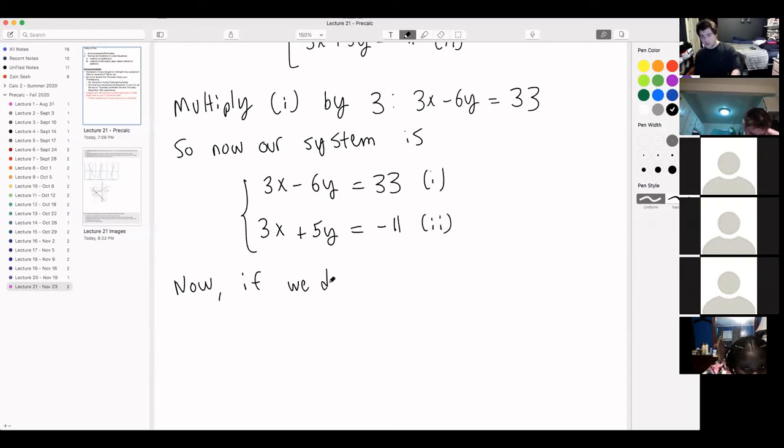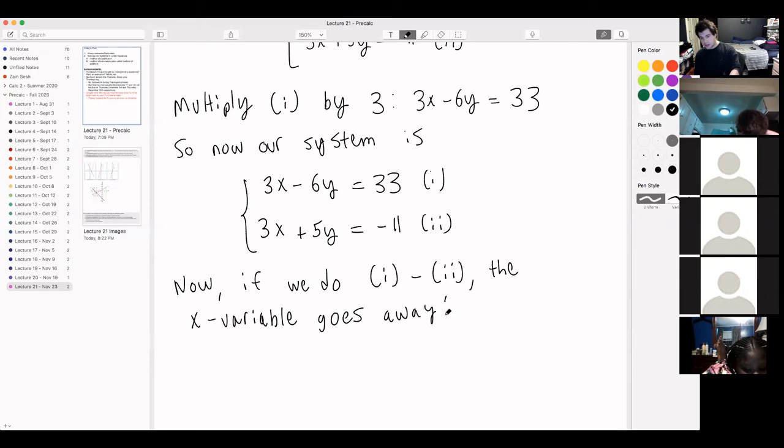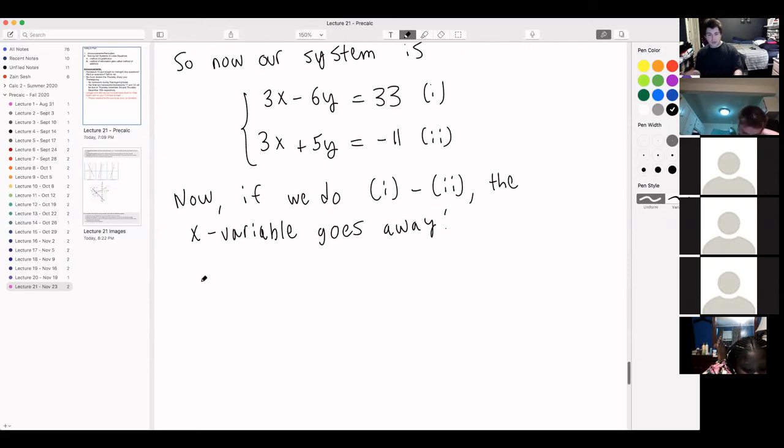Now, if we do 1 minus 2, the x variable goes away. 3x minus 3x is 0x.